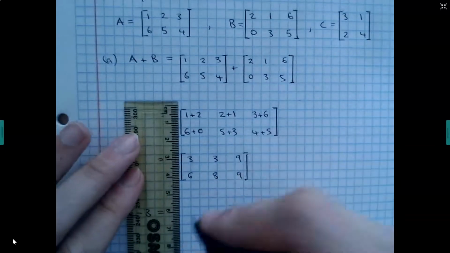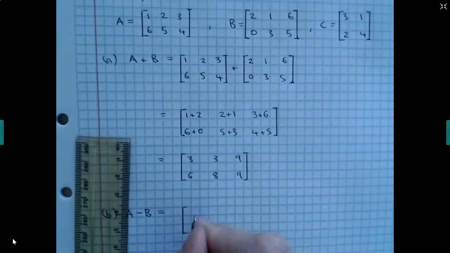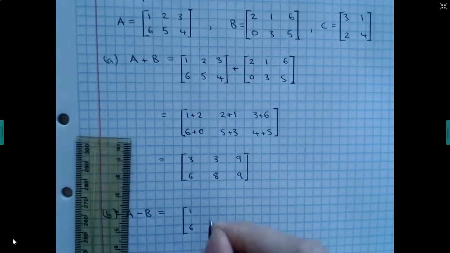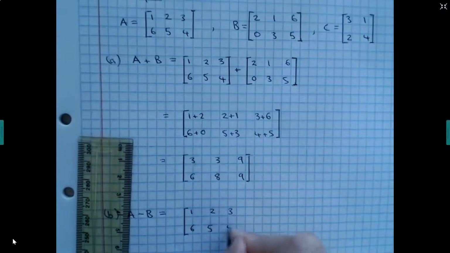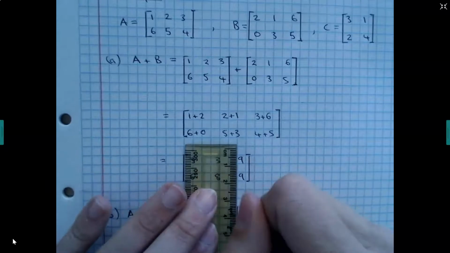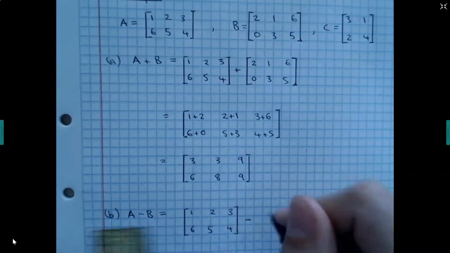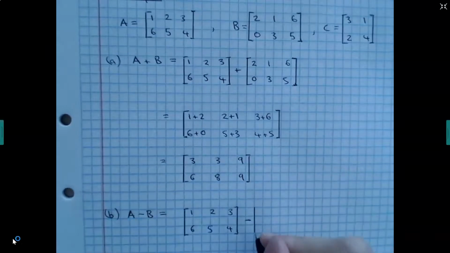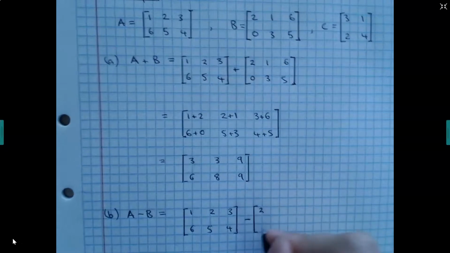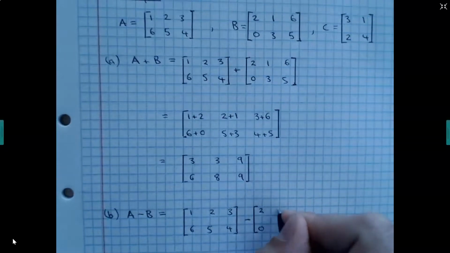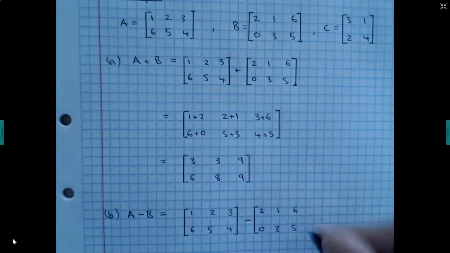So again, write out your matrix A. 1, 6, 2, 5, 3, 4. Minus B, which is 2, 0, 1, 3, 6, 5.